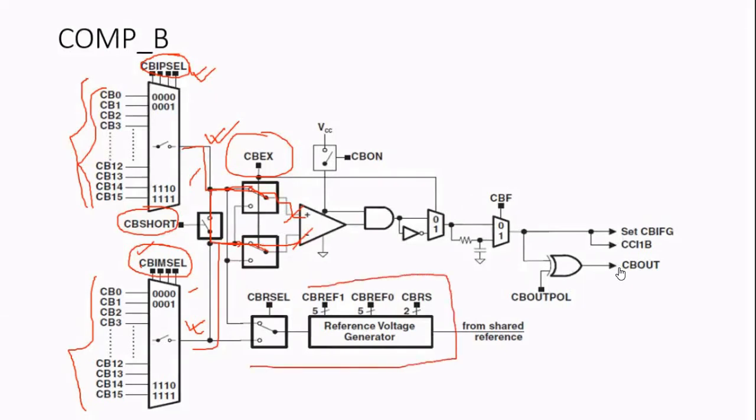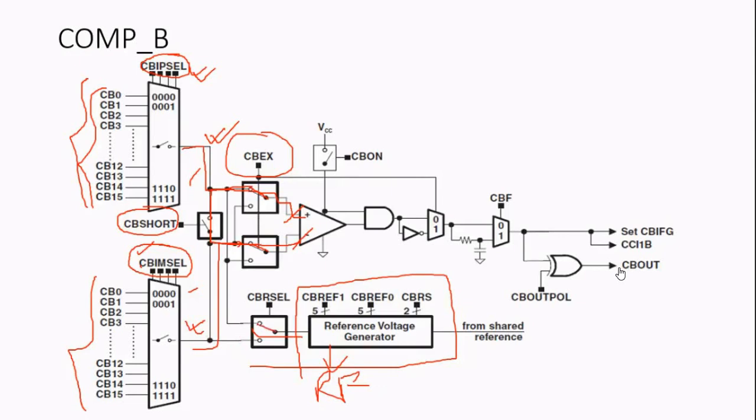This is the reference voltage generator. The reference voltage generator is used to generate reference voltages which can be applied to either comparator input terminal by the CBRSEL bit. So this reference generator will generate the reference voltage, and this will be provided to either the positive terminal or the negative terminal.